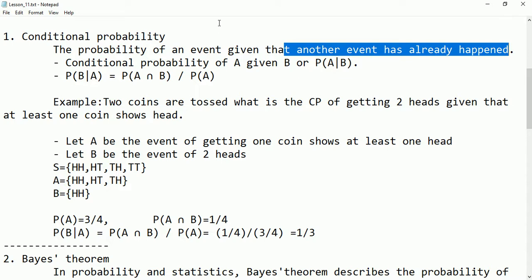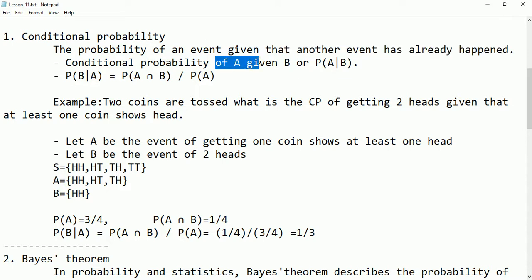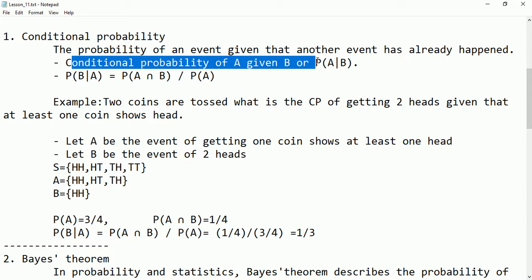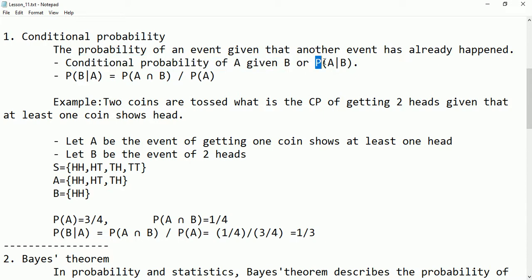So this is called conditional probability of A given B, and it is represented by probability of A given B, or you can pronounce it like this: conditional probability of A given B.